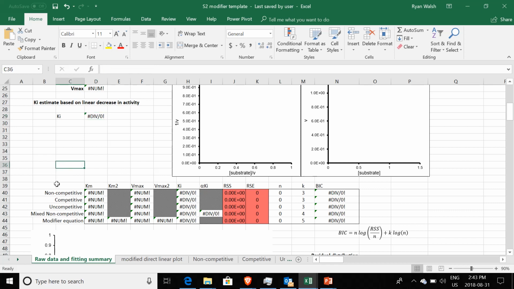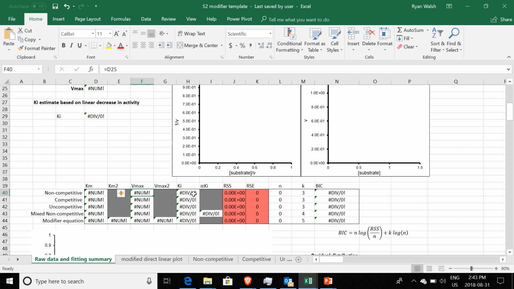So this table contains the models that you can apply your data to. You can use a non-competitive, competitive, uncompetitive, mixed non-competitive, and the modifier equation, which I was describing earlier. And then here are the parameters of each of these equations. So you have your Km and your Vmax, which is standard for all the Michaelis-Menten based equations.